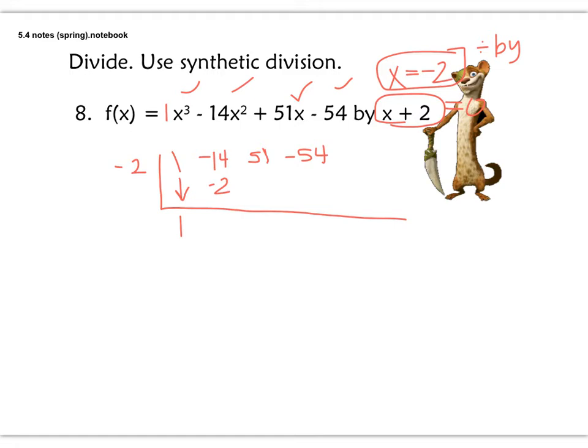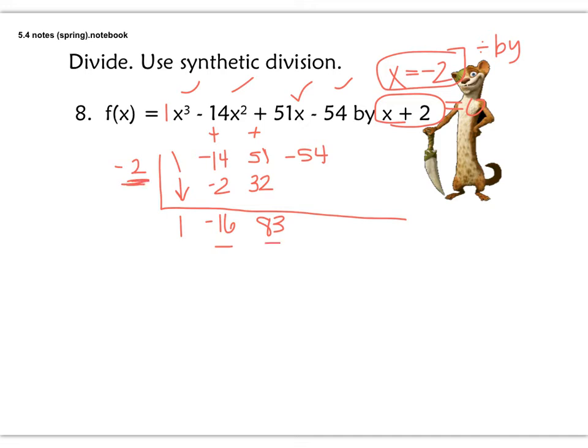And then we add, right? You're always adding on the up and down columns. Negative 14 and negative 2 is negative 16. Multiply at the angle, so negative 2 and negative 16 is a positive 32. And then we always add up and down. That gives me 83.